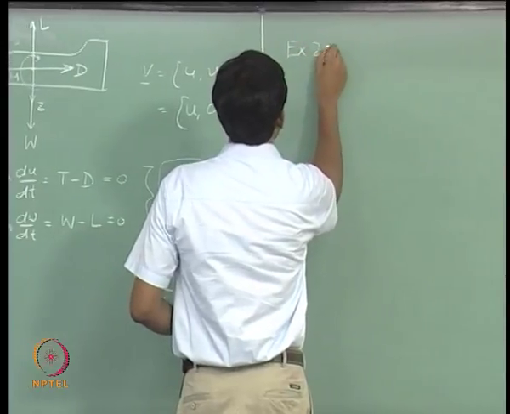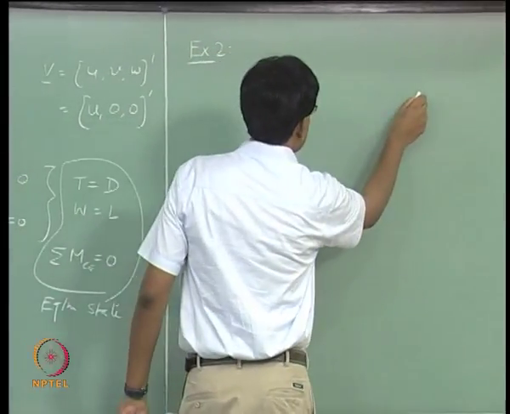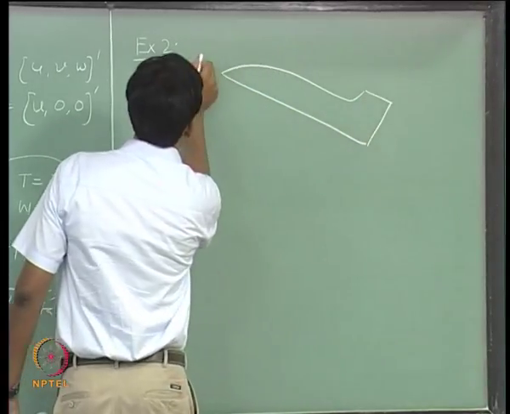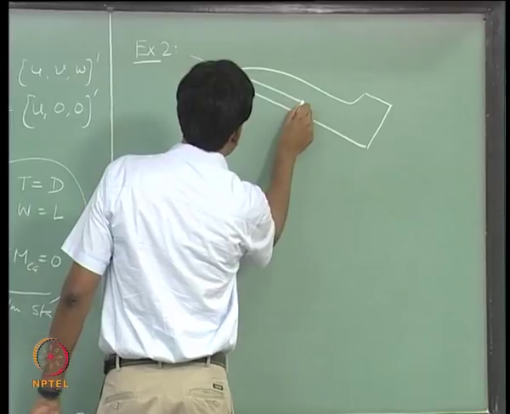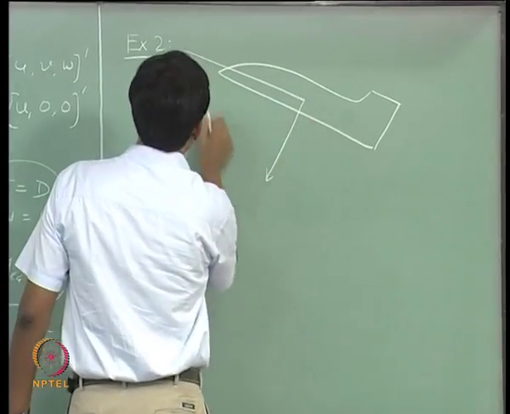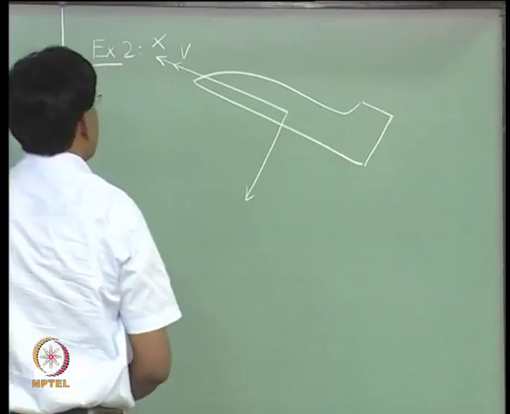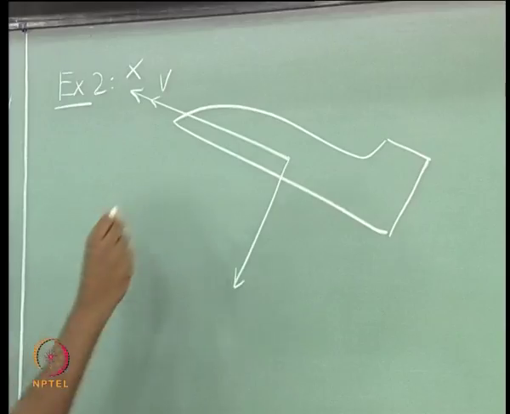Let us look at another example. This example is also from a longitudinal flying condition, and here the aircraft is climbing.